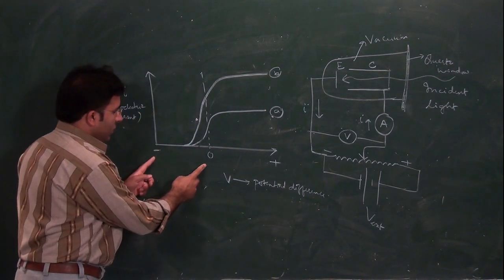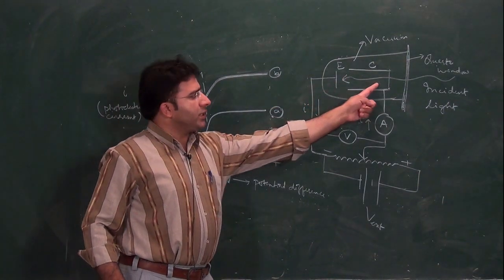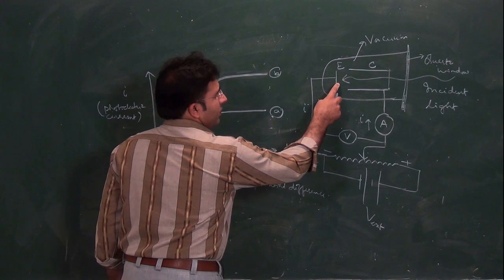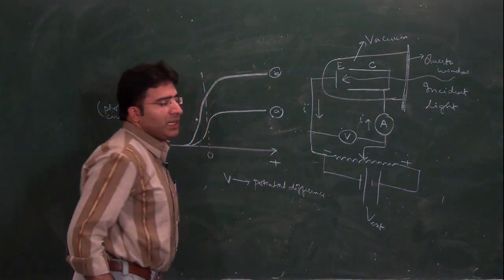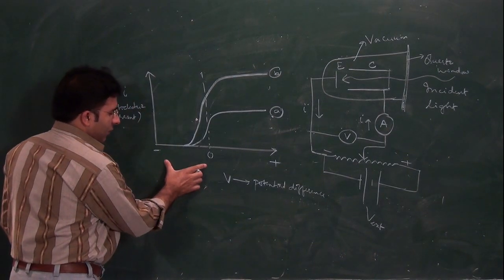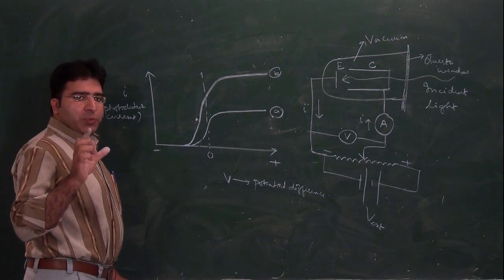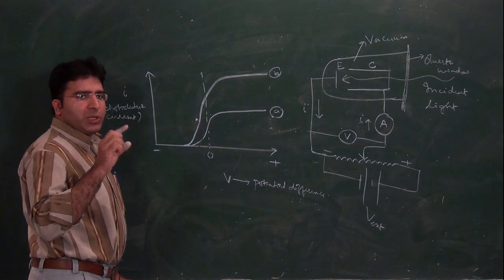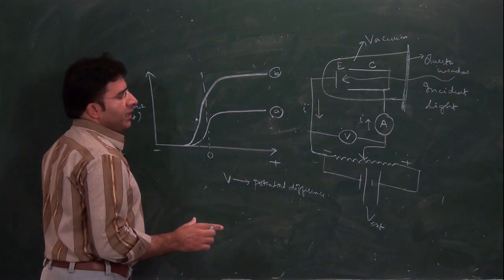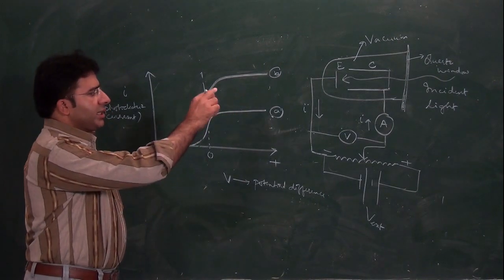Therefore, the electron has to overcome the attraction of the emitter and the repulsion of the collector in order to reach the collector. That means in this zone, the applied voltage is opposing the motion of electrons from emitter to collector. In the positive zone of the graph, the applied voltage is helping the collection of electrons emitted by the emitter.